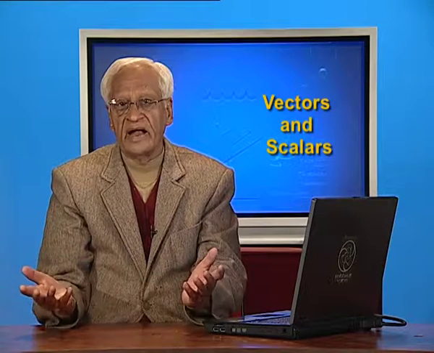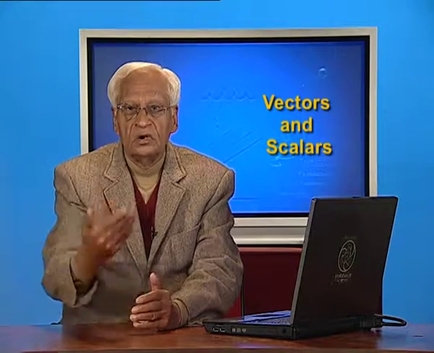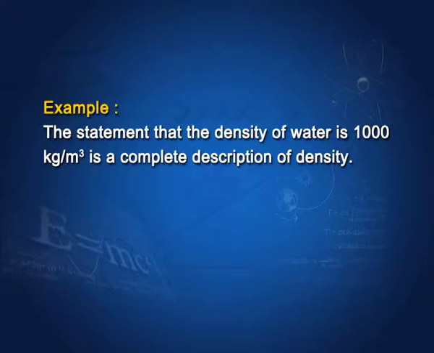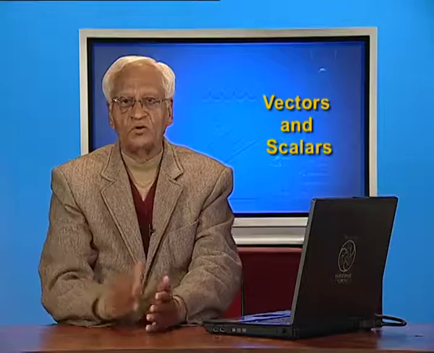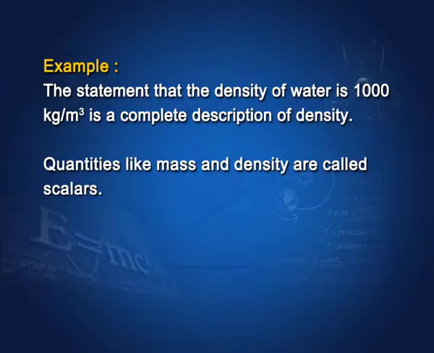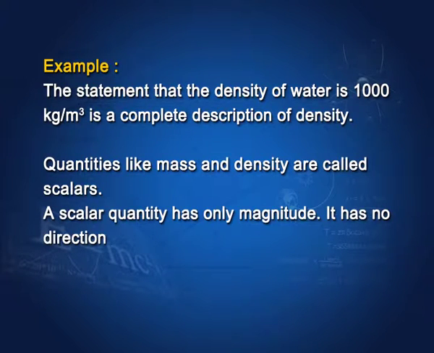You do not have to add anything to refine your statement. The statement 1000 kilogram per meter cube is a complete description of density. You do not have to say anything about direction and so on. So, quantities like mass and density are called scalars. A scalar quantity has only magnitude, it has no direction.